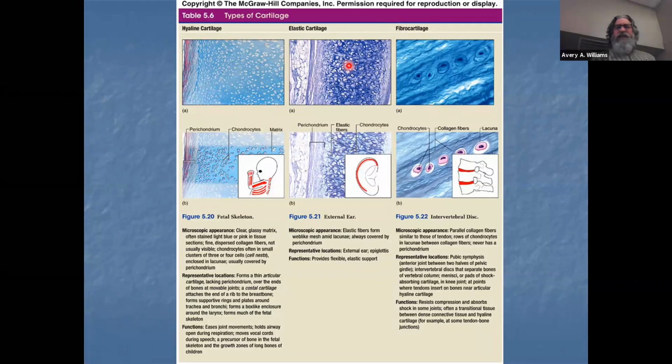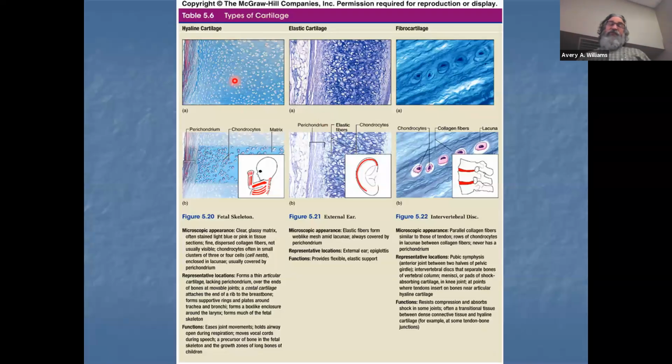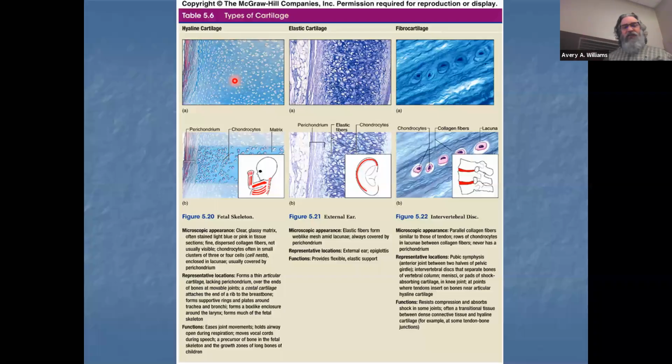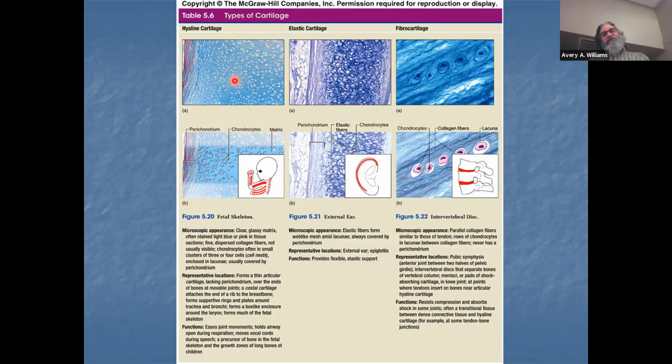Well, what's this? Well, think about hyaline cartilage, where it's found and what it does. It's basically a skeletal element. It's part of the skeleton supporting the bones or substituting for bone or whatever. So it's an internal structural element.